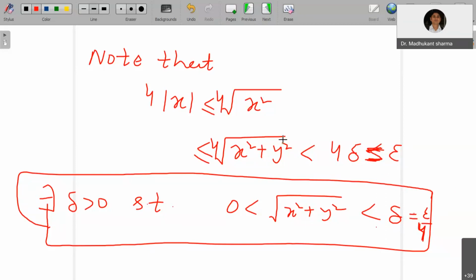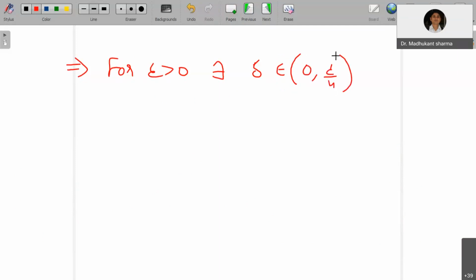So this together implies that for epsilon bigger than 0, there exists a delta less than epsilon by 4. In fact, I can say delta belongs to the open interval 0 to epsilon by 4, or you can say it is closed on the right side.